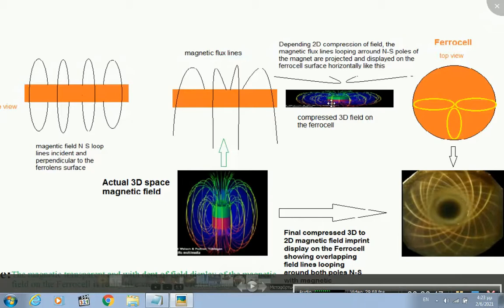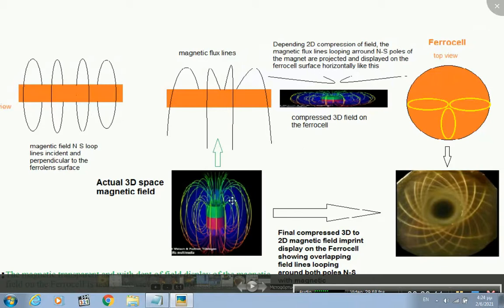So it's actually a compressed magnetic field imprint, not a totally 2D compressed imprint of the actual field. So we have some depth of field information, which the ferrocell shows. Imagine now what happens if you compress this field in this small space. What a macroscopic observer will see.